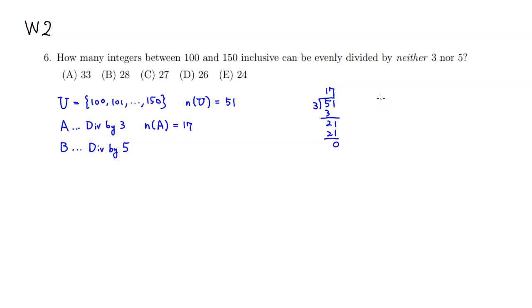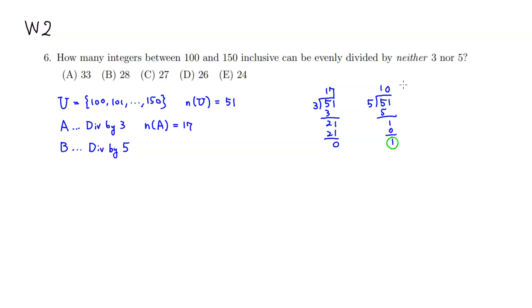All right, how about 5? We can just do the same thing. You have 51 consecutive numbers. Every 5 numbers, you see a number divisible by 5. But this one's a little bit tricky. It's a 5, and then you bring it down, so it's a 0, so the remainder is actually 1, right? So you have at least 10 numbers divisible by 5, but you have to be careful because you have a 1 left over. You have one more number that could be divisible by 5.